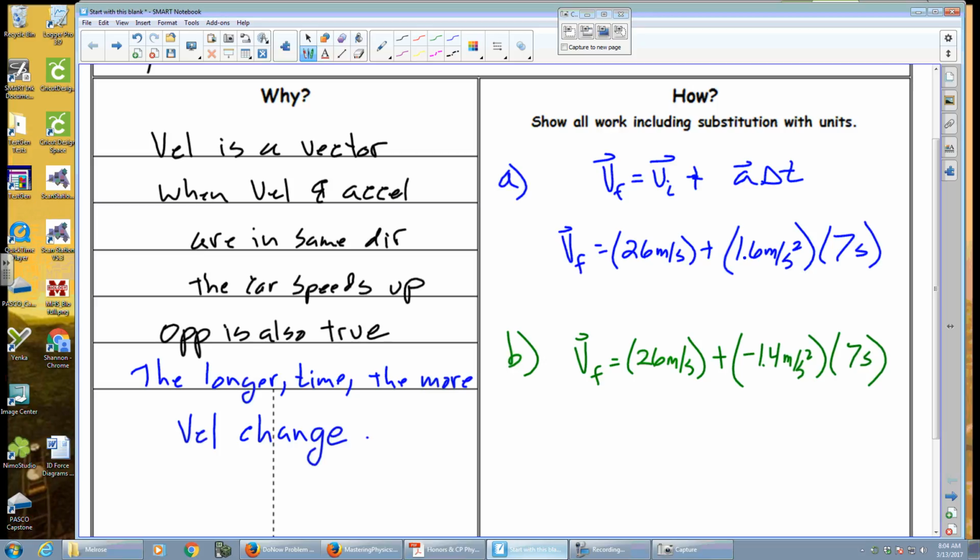If I get a positive velocity final, which direction is it moving? North. And if I get a negative, it's moving south. So, okay, that's it for that one.